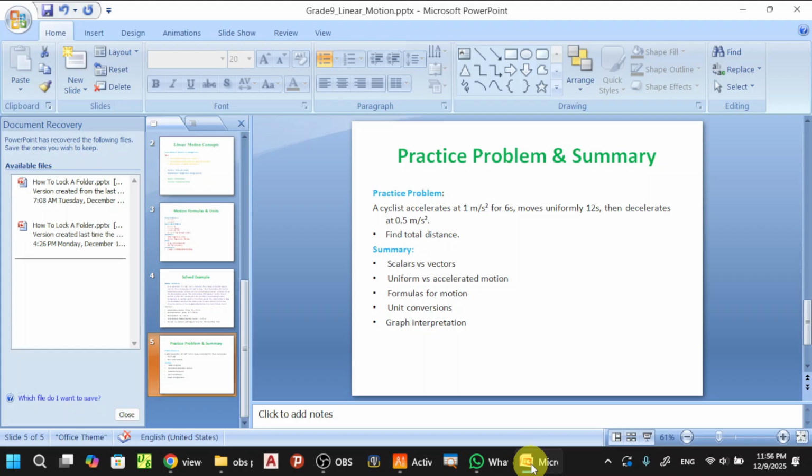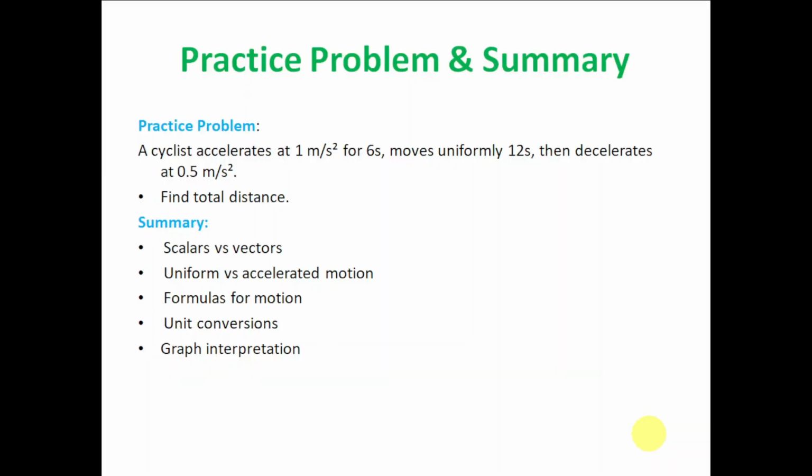It says: a cyclist accelerates at 1 meter per second squared for 6 seconds. This is the acceleration phase. Then moves uniformly for 12 seconds. Then decelerates at 0.5 meter per second squared. This is negative acceleration. Find the total distance. The same problem, the same sheet. You can solve it easily.